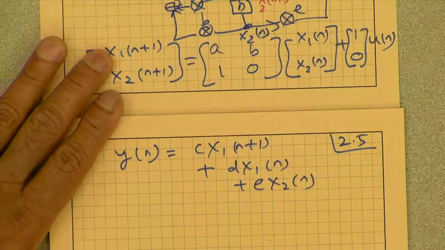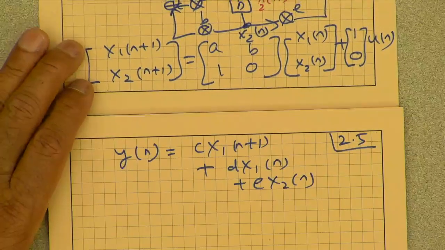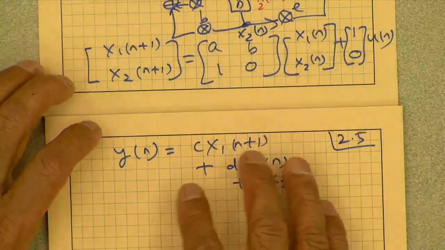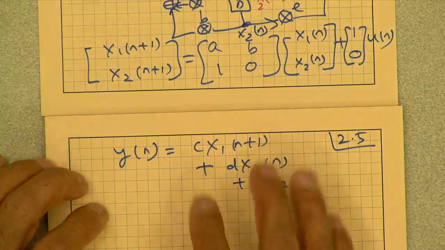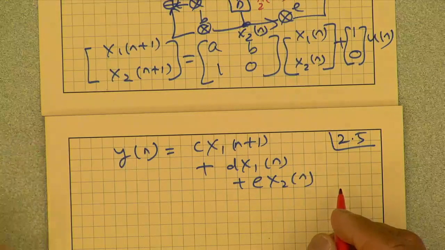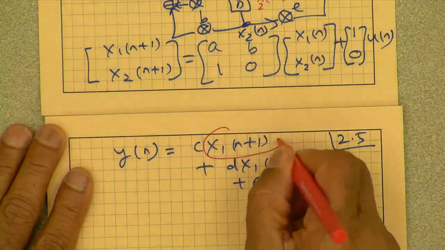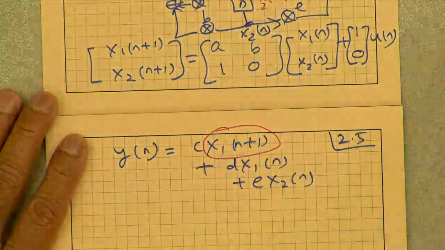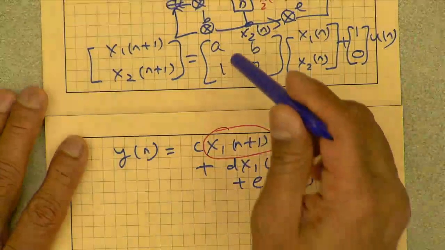Okay, that's the output here. However, I don't want it in this form. I want the output expressed in terms of the current state vector and the current input. So I have to substitute that x1 n plus 1 from the state equation here.